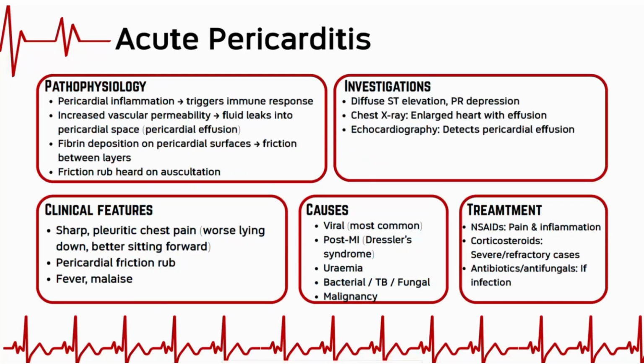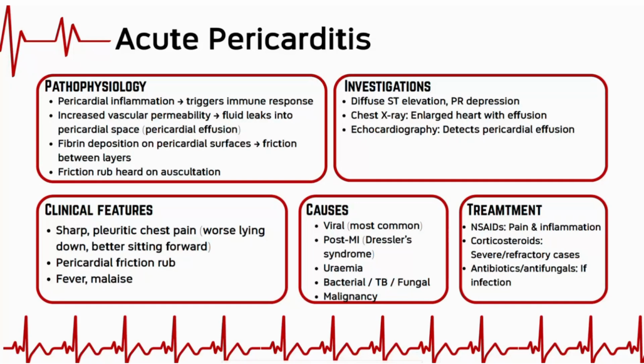Right, so we'll look at acute pericarditis. What you need to know about acute pericarditis is that it is defined as new onset inflammation lasting less than 4 weeks up to 6 weeks.